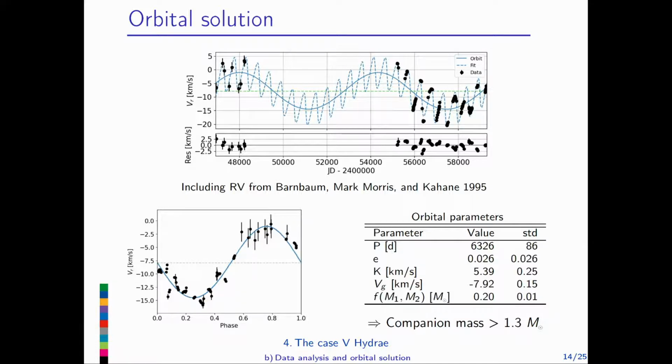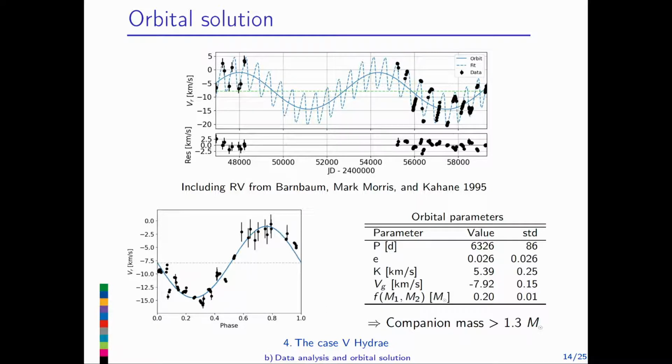So what we can conclude from this is that our solution is not compatible with the work of Sahai, and even that the observations are not compatible with his model of 8.5 years, because our monitoring spans 10 years, and we cannot see a full orbital cycle.